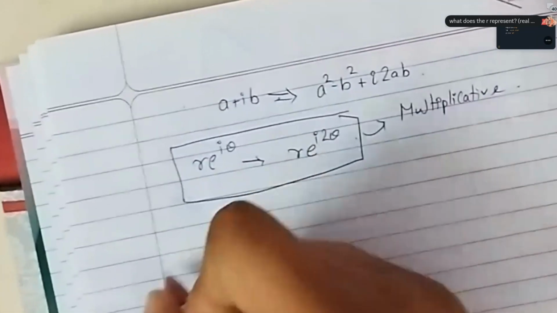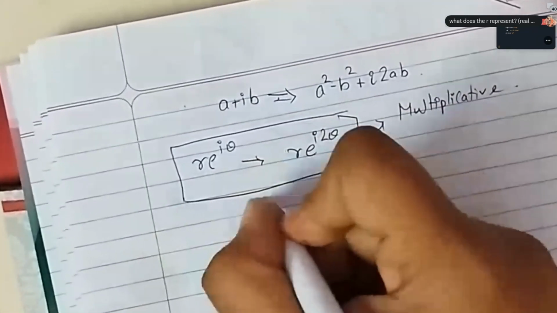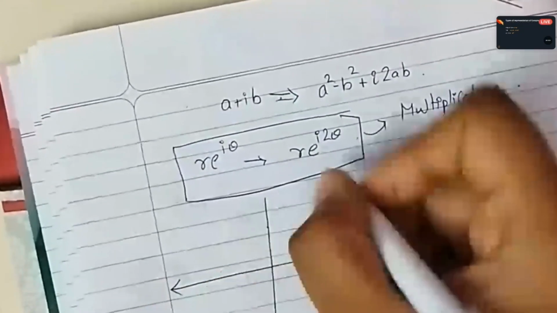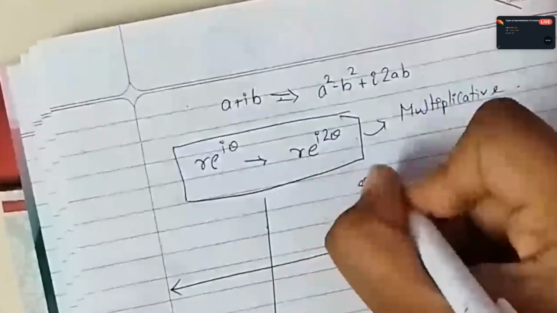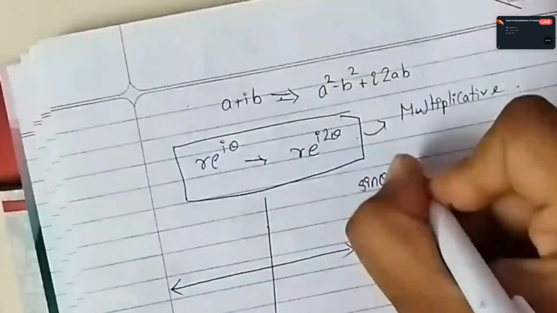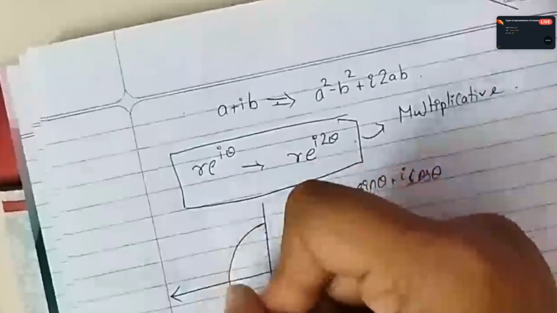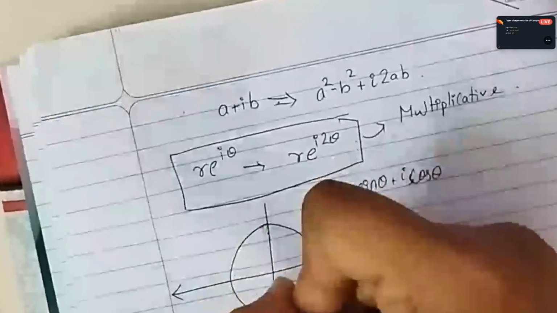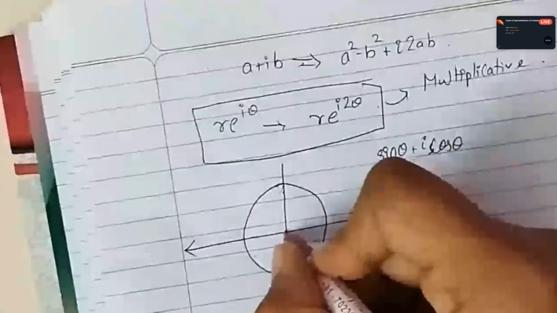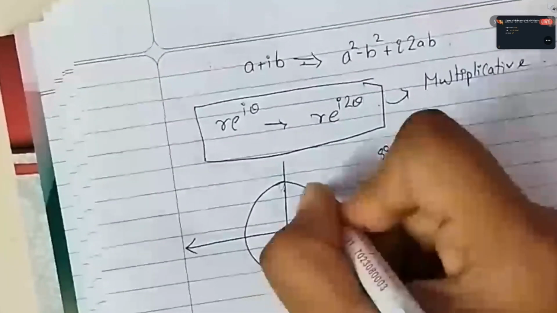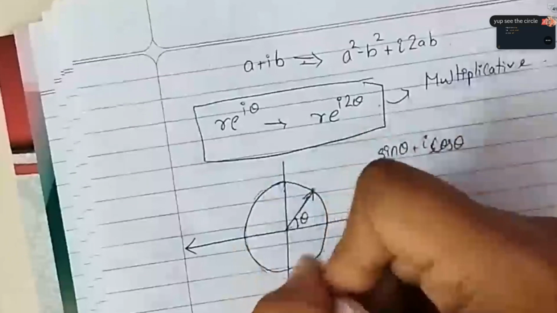So I can explain in the polar form. Let's say sine theta plus iota cos theta is actually a circle, the unit circle. Any point, this is theta, then it maps out a circle.